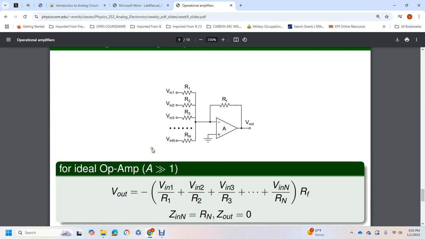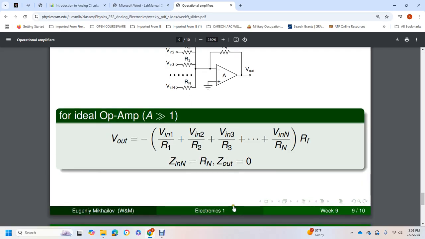Voltage output equals negative (V1 over R1 plus V2 over R2 plus V3 over R3 plus ... Vn over Rn) times the feedback resistor. Input impedance is equal to Rn, and output impedance is 0.